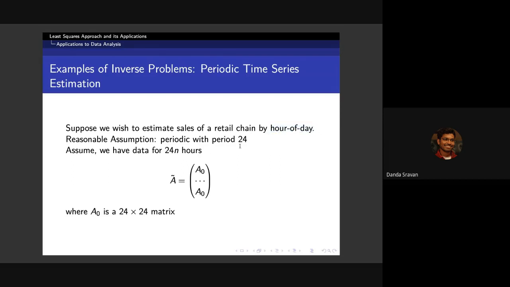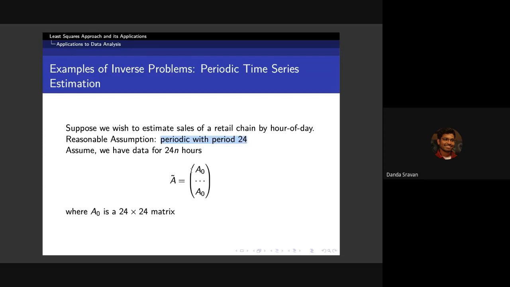Ideally, it's reasonable to assume that this particular model is periodic with period 24. However, we need much more stringent assumptions, because in practice, holiday sales would be very different from non-holiday sales. But just to illustrate the idea, we are going to simplify that.